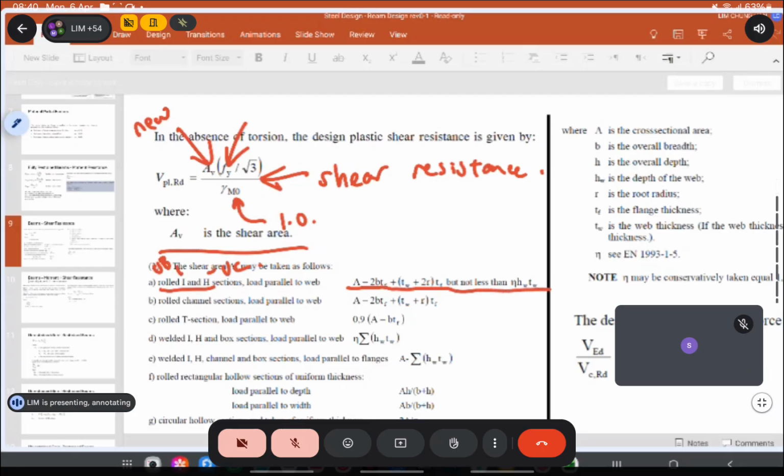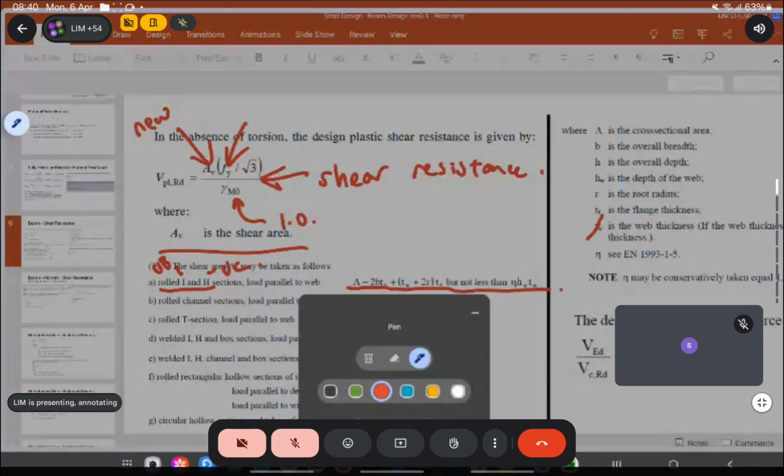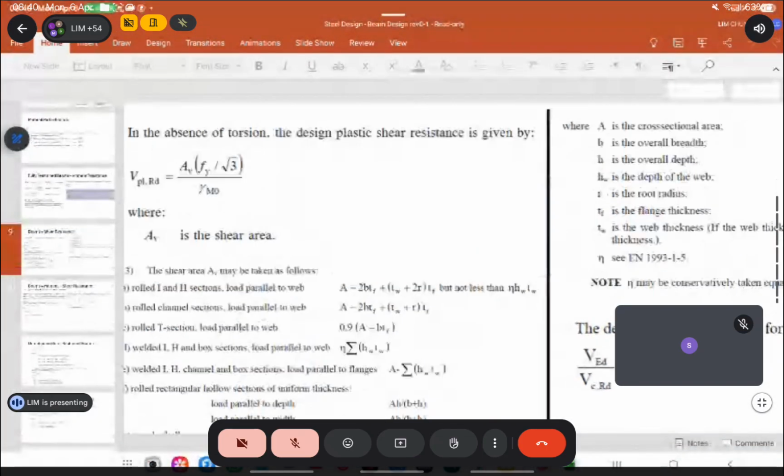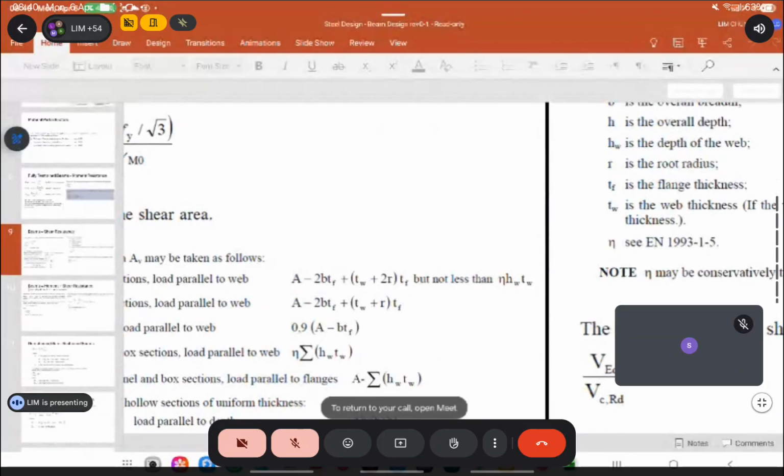The formula is A minus 2B TF plus TW plus 2R times TF. Most of these formulas you know already. I'll go through them one by one with you.